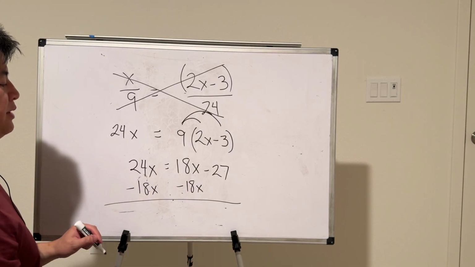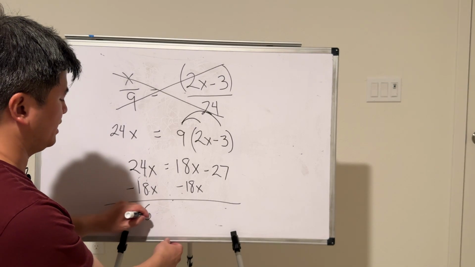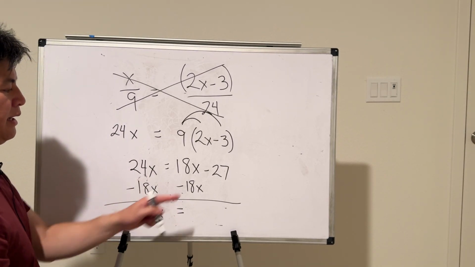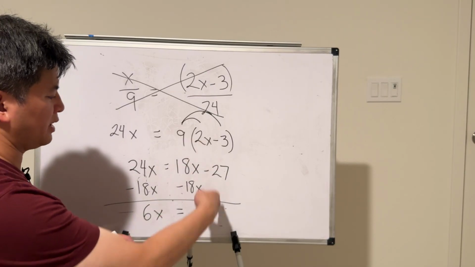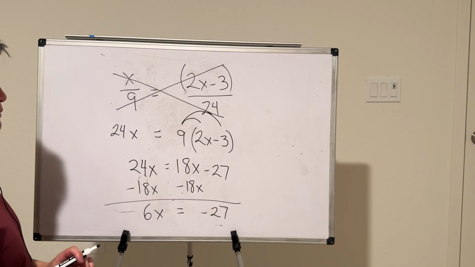So if I do that, 24x minus 18x is equal to 6x. And on this side, the only thing I have left is the negative 27.